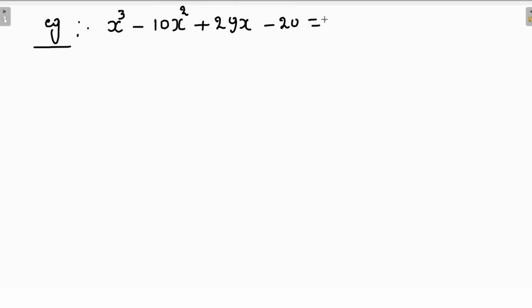Long division method, which we learned in our school days. First, assume the x value. In most of these equations the x value will be either 1, 2, 3 at maximum, or minus 1, minus 2, minus 3, or 1 by 2, 1 by 3, plus or minus.